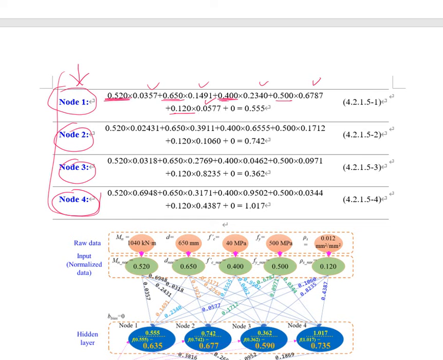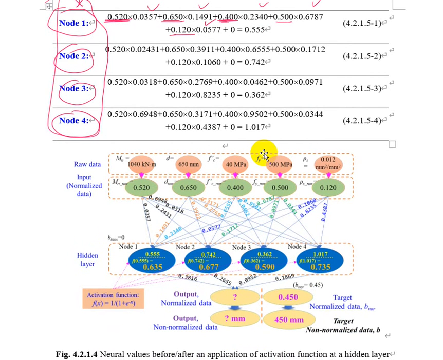And this one should go through the activation function, which we indicate as f, and these are the tentative neuron values.